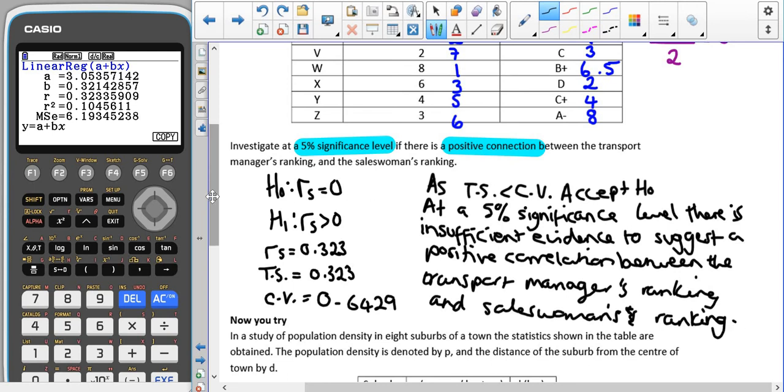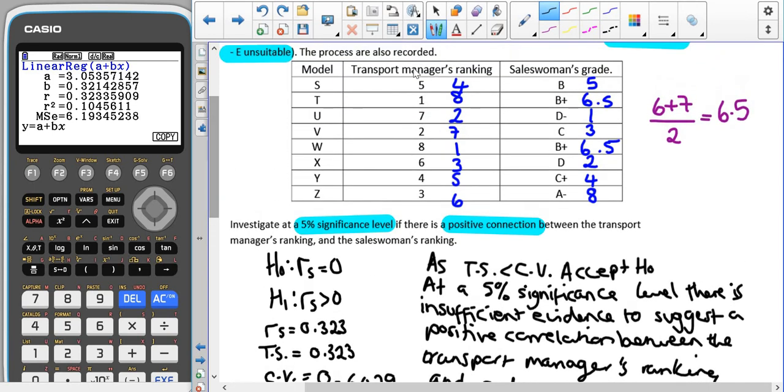Now, if you had decided to keep these ranks this way round, then you would have had to rank these biggest to smallest, which would give us 1 for the A minus. Then the two B pluses would come next, which would be 2 plus 3 divided by 2, which gives us 2.5.